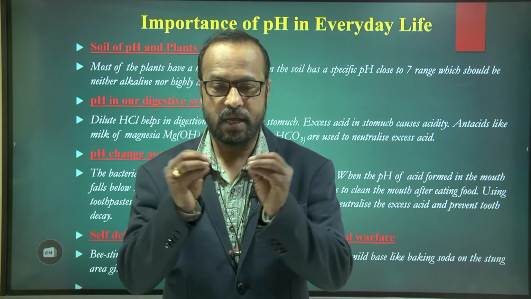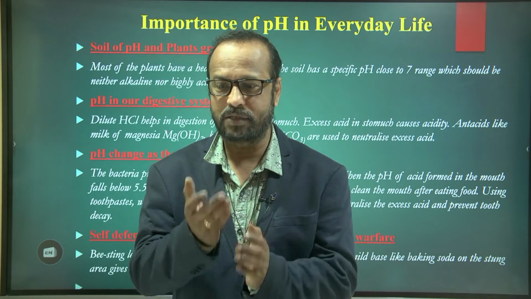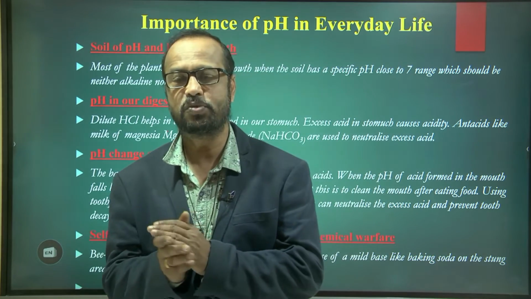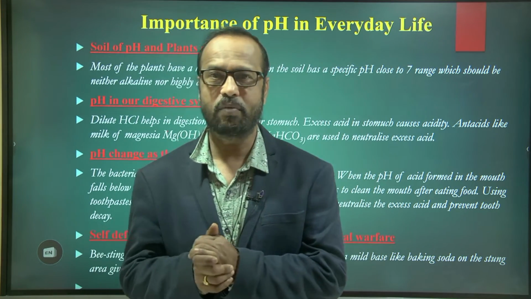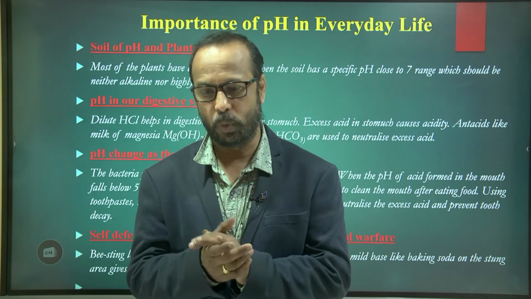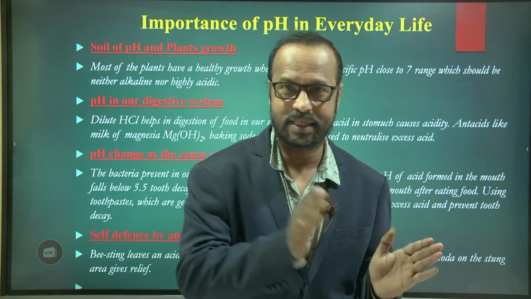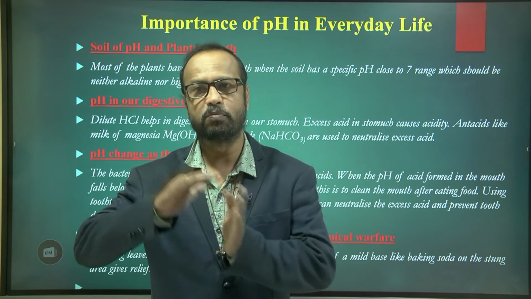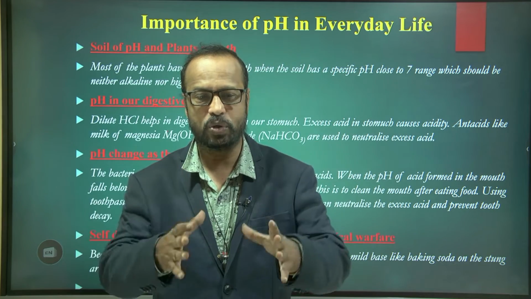Then the plants will grow normally, healthily. If the pH value increases or decreases, then what happens? The plants may not grow. If the pH value decreases, becoming very much less than 7, the soil becomes acidic. If it is more than 7, the soil becomes basic. So first you have to neutralize that.